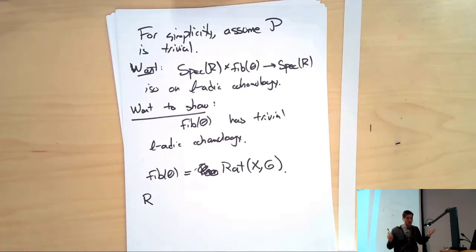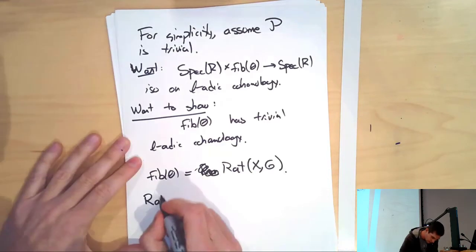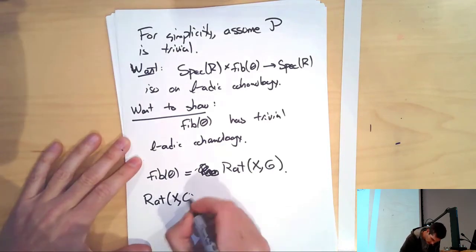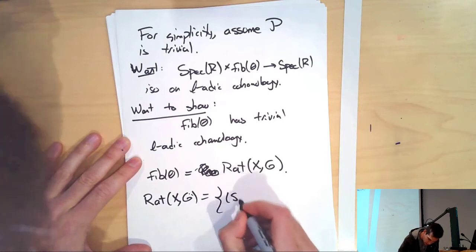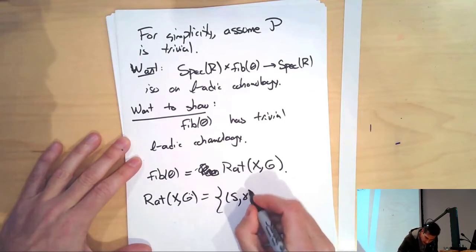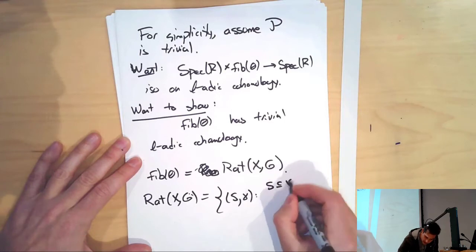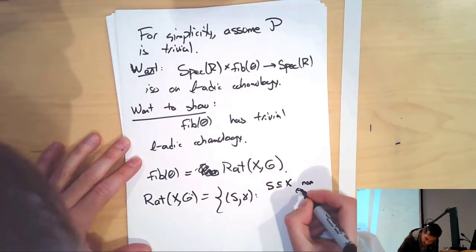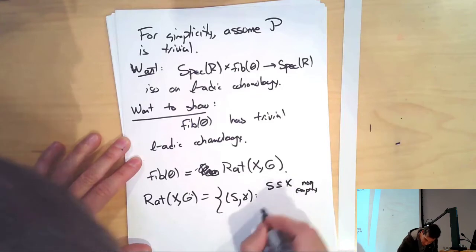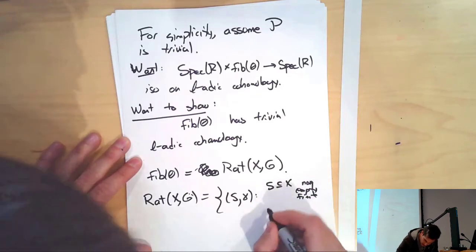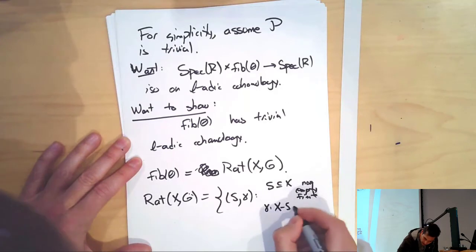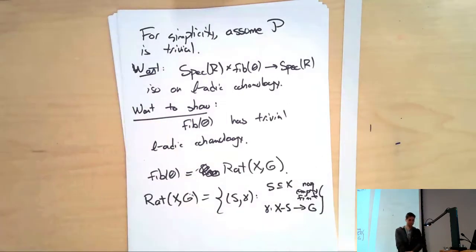So the data of a point of the fiber Rat(X, G) is like this collection of pairs (S, gamma), where S contained in X is a non-empty finite set, and gamma is now a map from the complement of S into the group G. So it's like the space of rational maps from X into G. Maps that are defined not necessarily on all of X, but on the complement of a finite set.